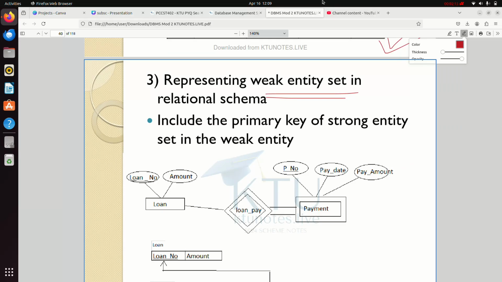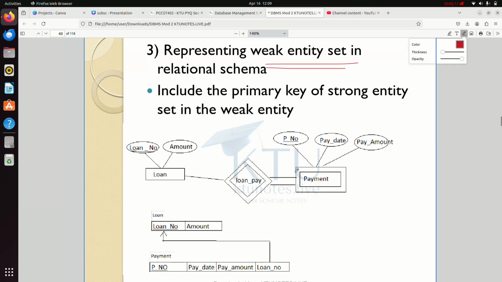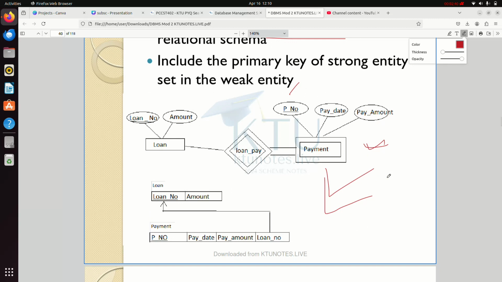Understood? Fine. Then let's see how you can represent a weak entity set. Let's say this is the weak entity set. P number cannot uniquely identify this because it's a weak entity. It is dependent on loan. That means the primary key of loan should be there in the payment. Loan is a strong entity, so you write loan number, amount.